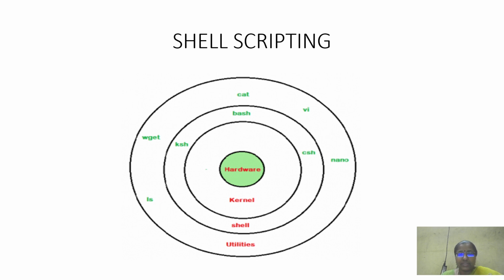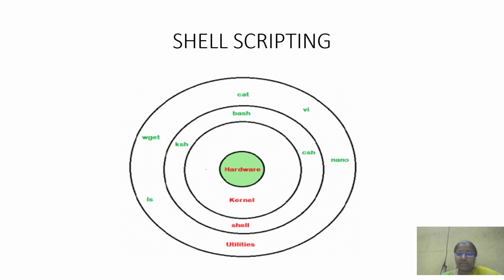This is a diagram explaining the shell. The shell acts like an interface between the user and the kernel. The kernel has complete control of your hardware, that is, your operating system.